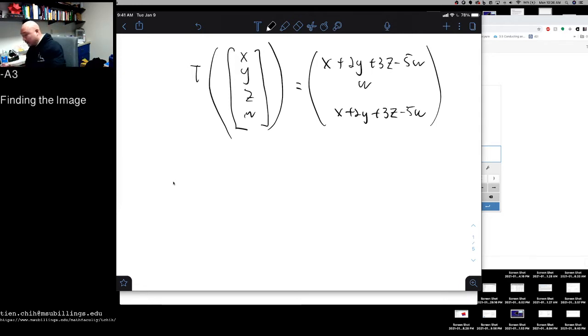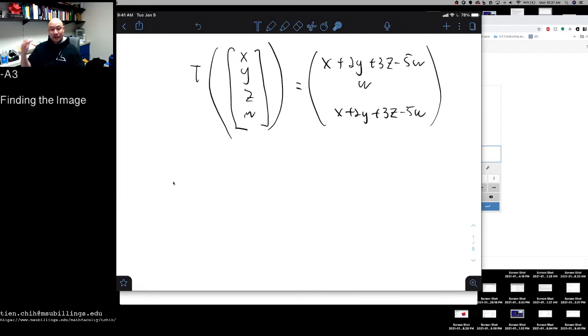The first thing we want to observe is that the input to T here is a four-dimensional vector, right? X, Y, Z, W, and the vectors that take on that form have four dimensions, and its output is a three-dimensional vector, right? It has 1, 2, 3 entries here.